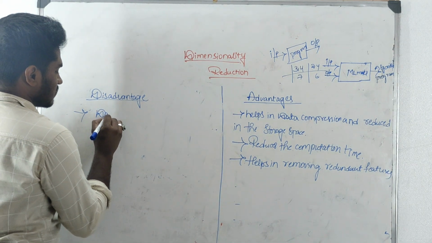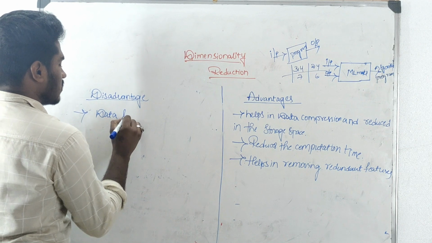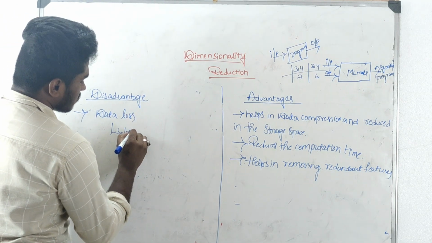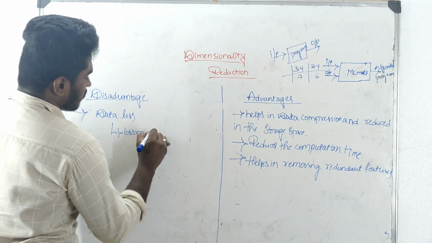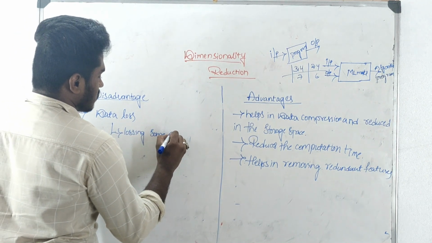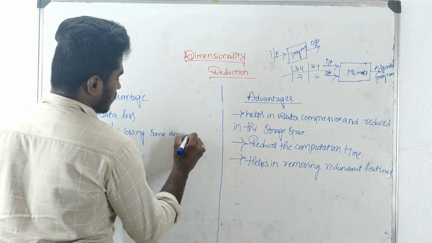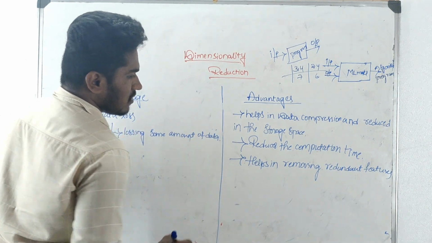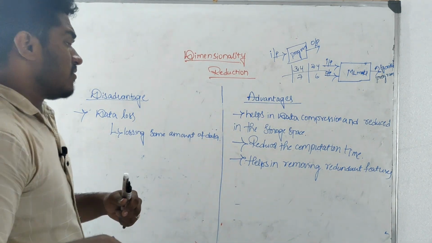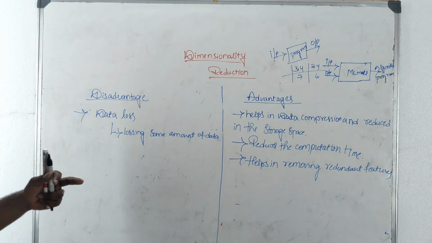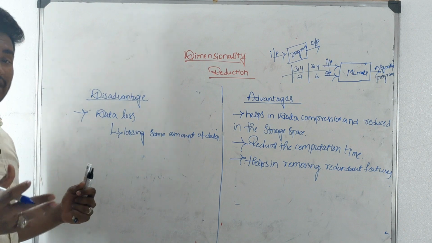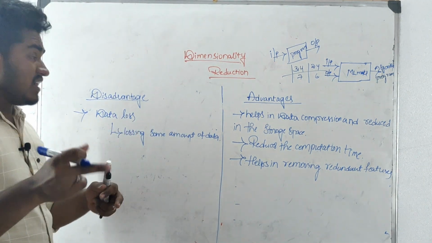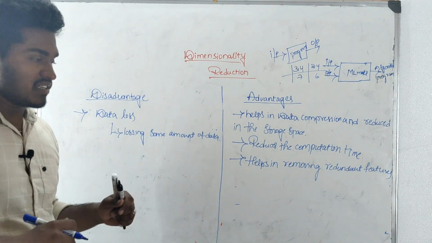Data loss. So in principal component analysis we have many disadvantages. You can include those disadvantages in dimensionality reduction also.